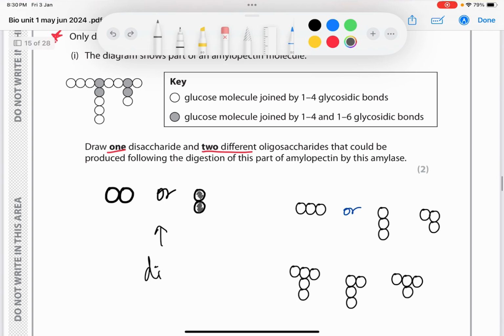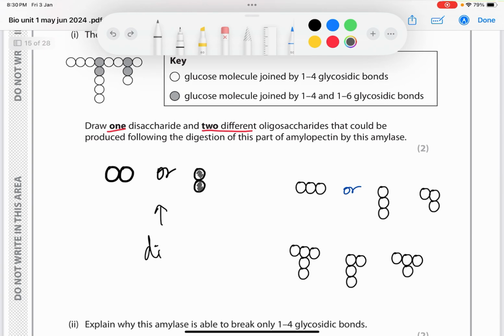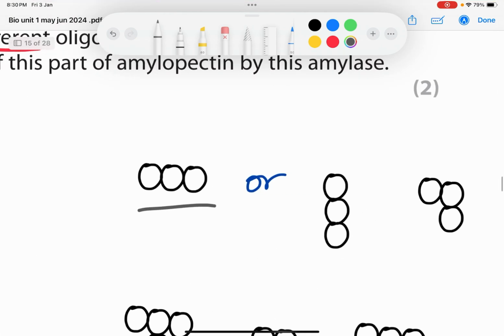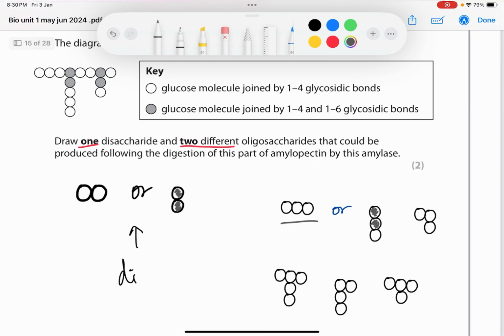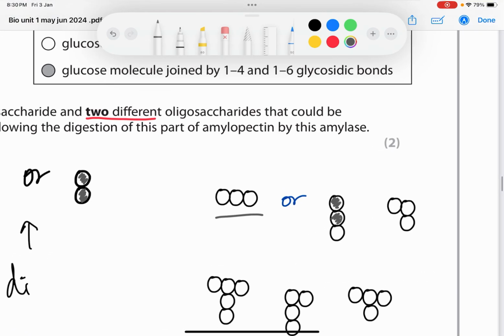Now for the oligosaccharides, you have a few different options, of course. We can either have it as completely just the white molecules, or we can have a mix of, let's say, 2 gray and 1 white molecule, or it can just be colored in different ways.